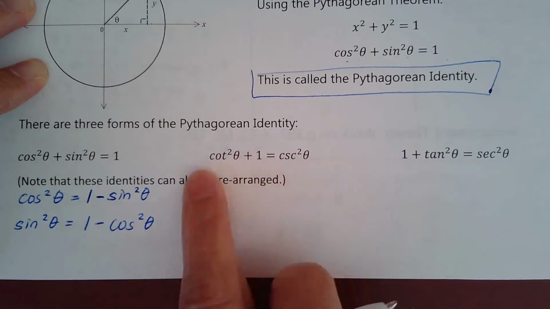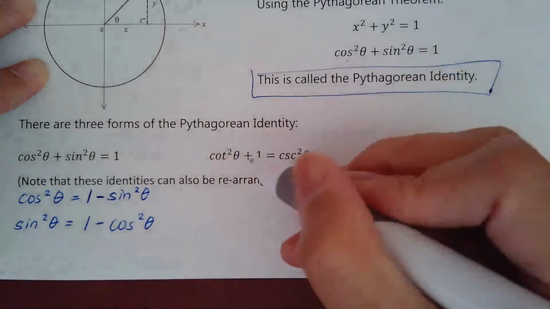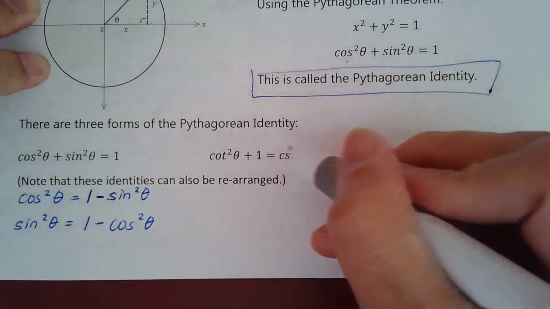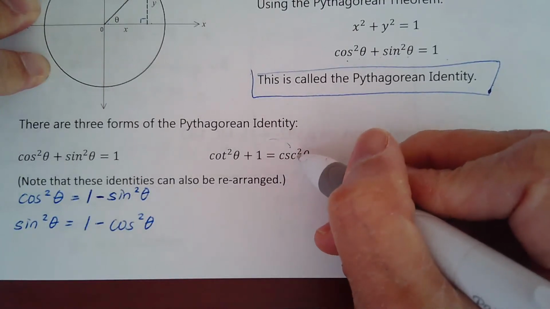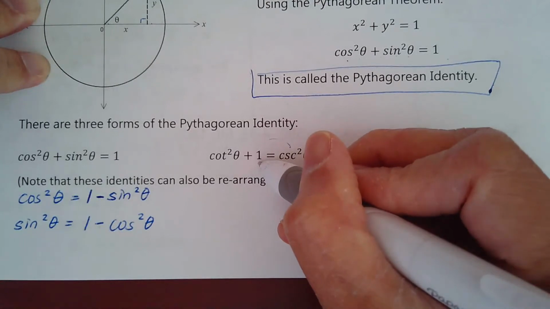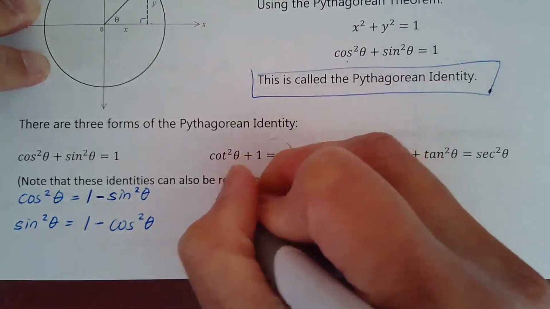Okay, well, how can we rearrange this one over here? Well, what if I take this to the other side, the cos squared theta to the left side of the equation, and I bring the 1 to the right side of the equation? What would it look like?